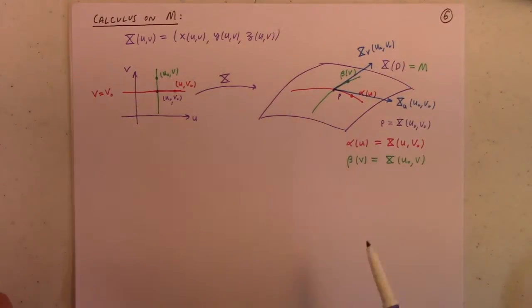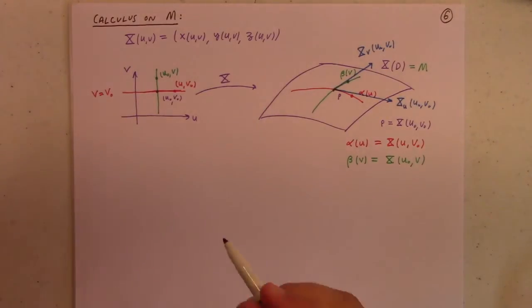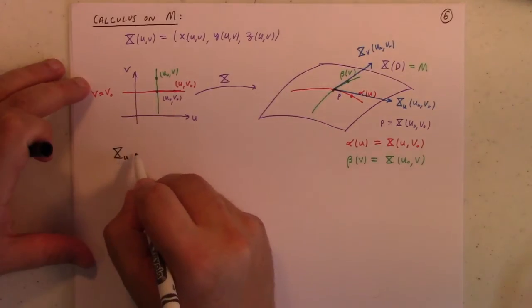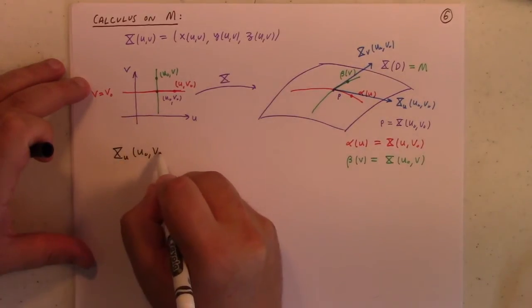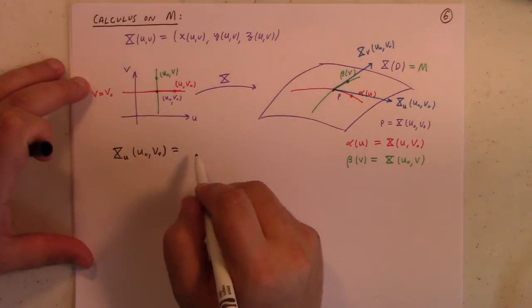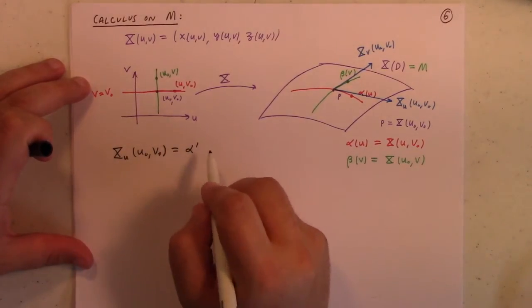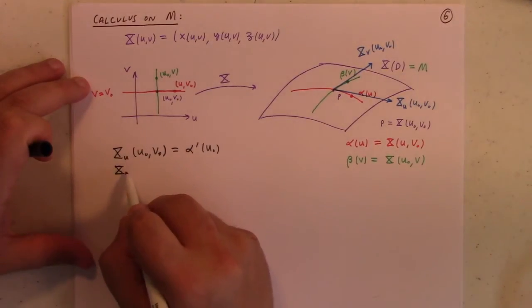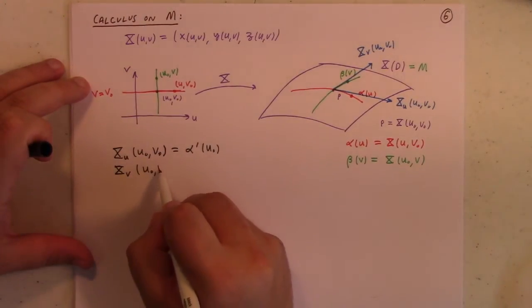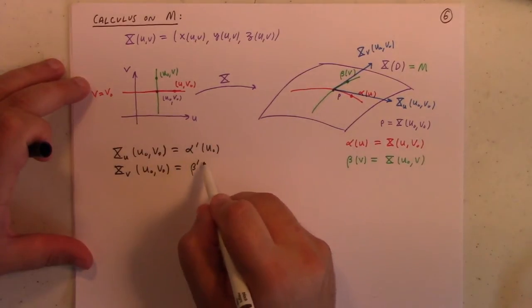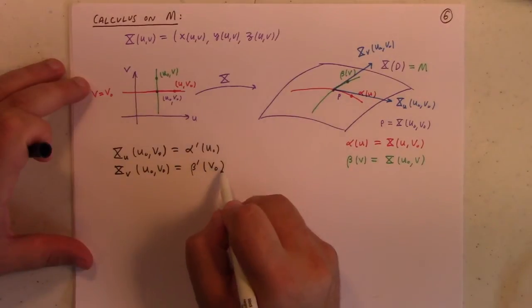And by definition, we have the following. x u of u naught v naught is simply equal to alpha prime of u naught, and x v of u naught v naught is equal to beta prime of v naught.